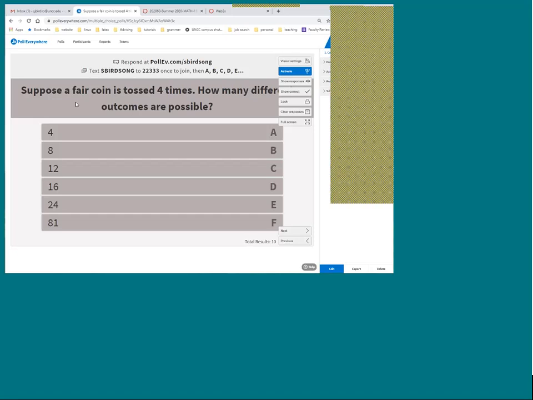Once you guys have your guesses in, we'll go back and look at what to do here. So it looks like almost everybody has a guess.